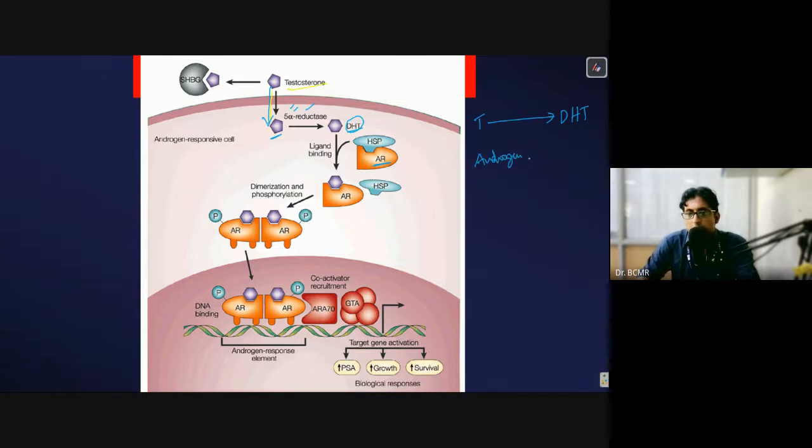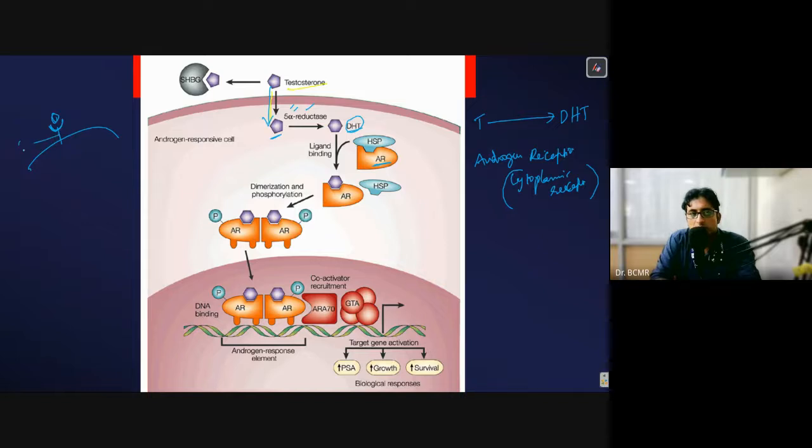So usually the receptors are on the cell surface, but this is a cytoplasmic receptor. Because if you remember, the ligands that cannot pass through the cell membrane, say peptides or proteins, they usually have cell surface markers.